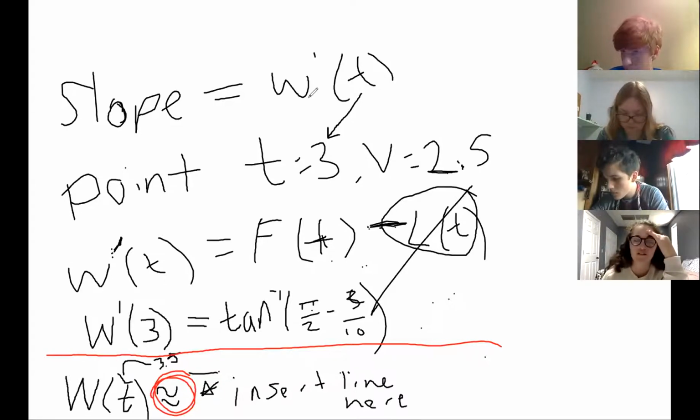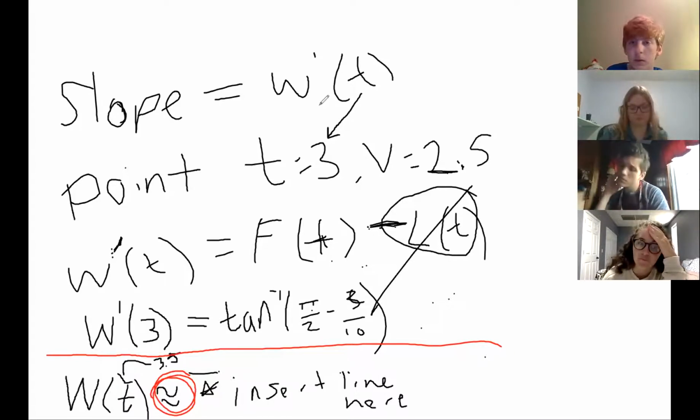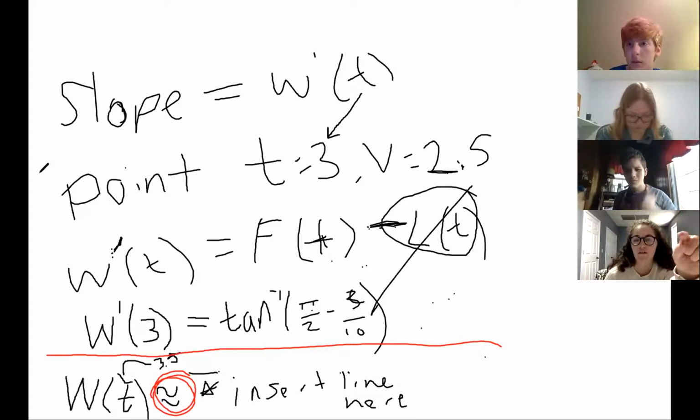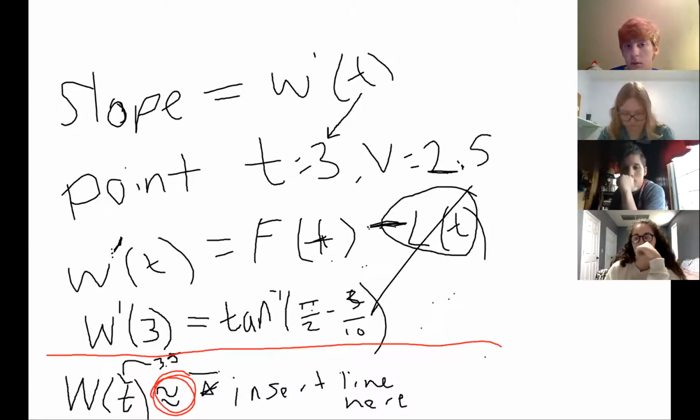Okay, I know I just got here, but so the line that you're talking about is using the derivative of W and then like plugging that in with the point? Okay, so a linear approximation is a line using information, it's using a tangent line.